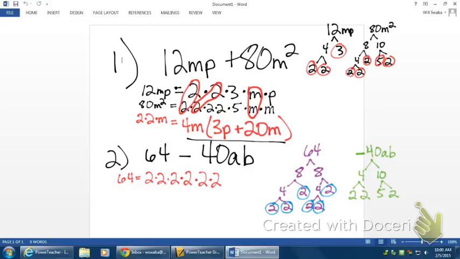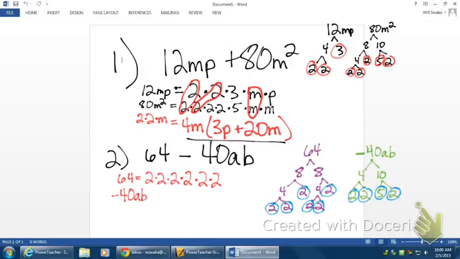So now I'm going to circle the end of my root. So I have a 2 and a 2. And I also have a 5 and a 2 right there. So I'm factor treeing the whole thing out. So I got a negative 40AB.